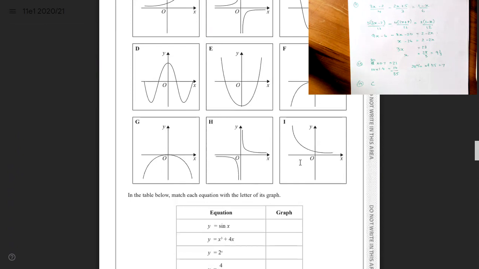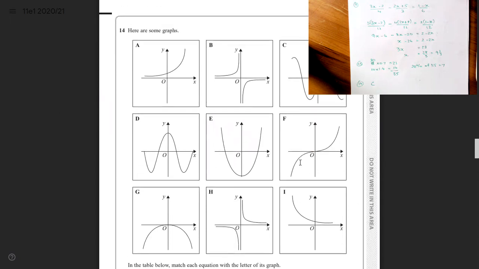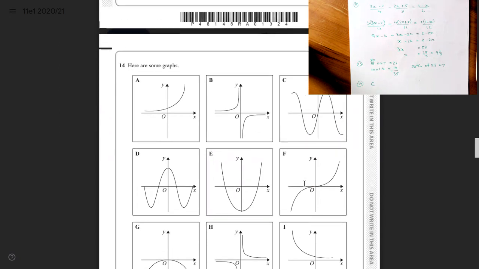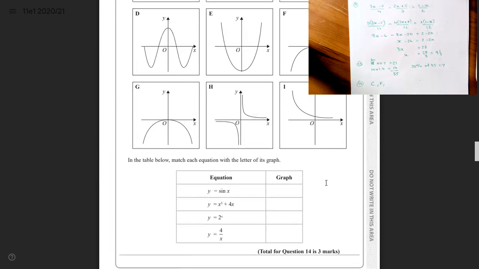The next one we want is x cubed plus 4x. So we should recognize x cubed, okay, as F, this shape here. Next one is 2 to the power of x.